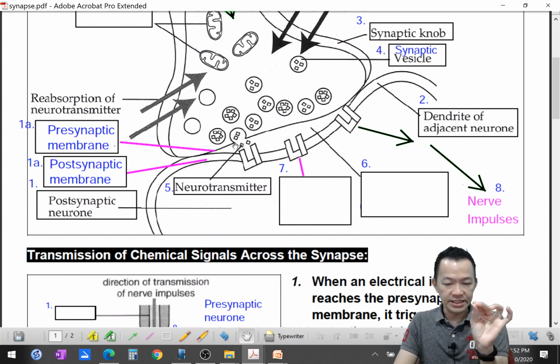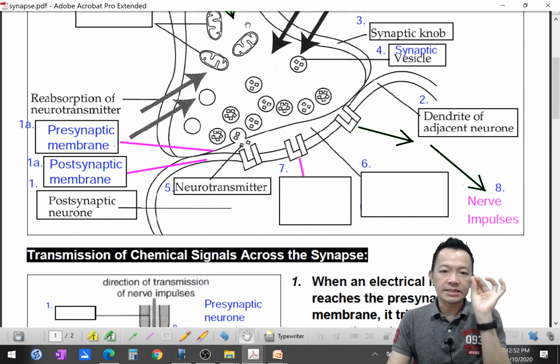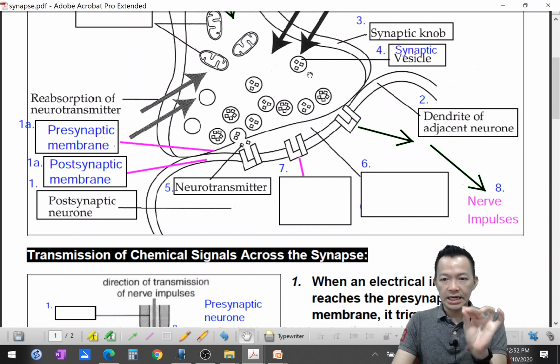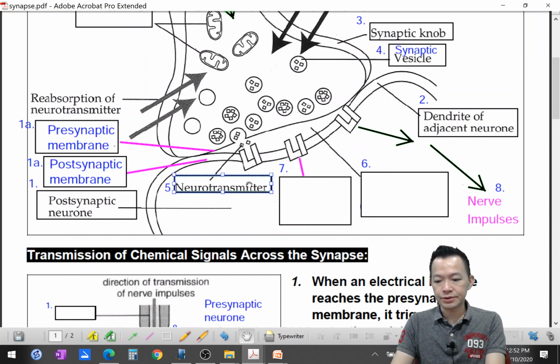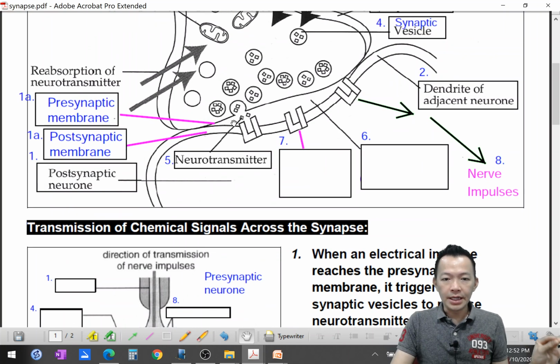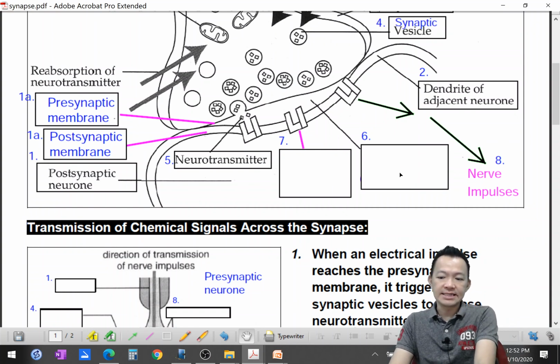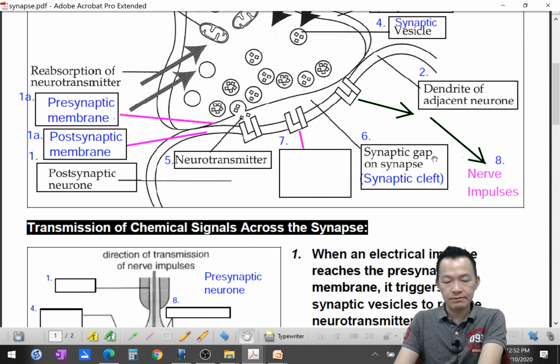So 这种化学物品就叫 neurotransmitter. Okay, again. When the impulses come to the synaptic node, it triggers the synaptic vesicle, which moves to the synaptic membrane and releases the neurotransmitter. The neurotransmitter passes through the gap, 它经过这个缝，这个缝呢就叫 synaptic gap, 也可以叫做 synaptic cleft.